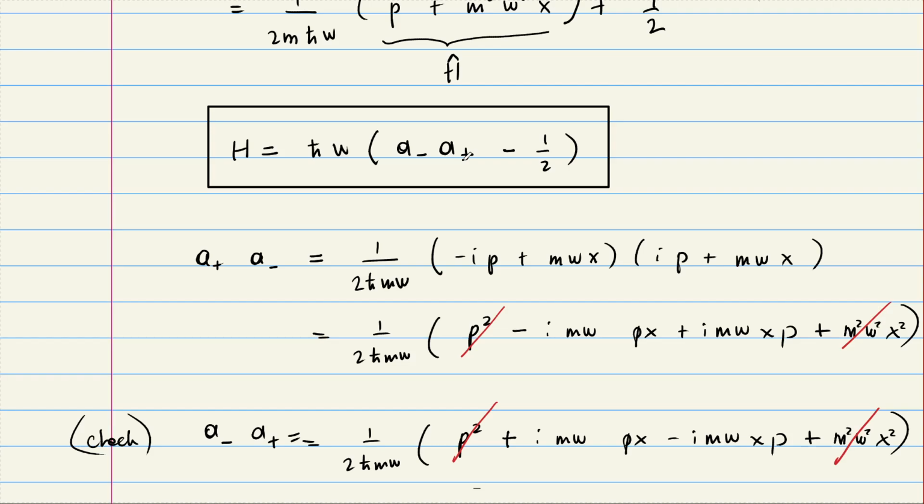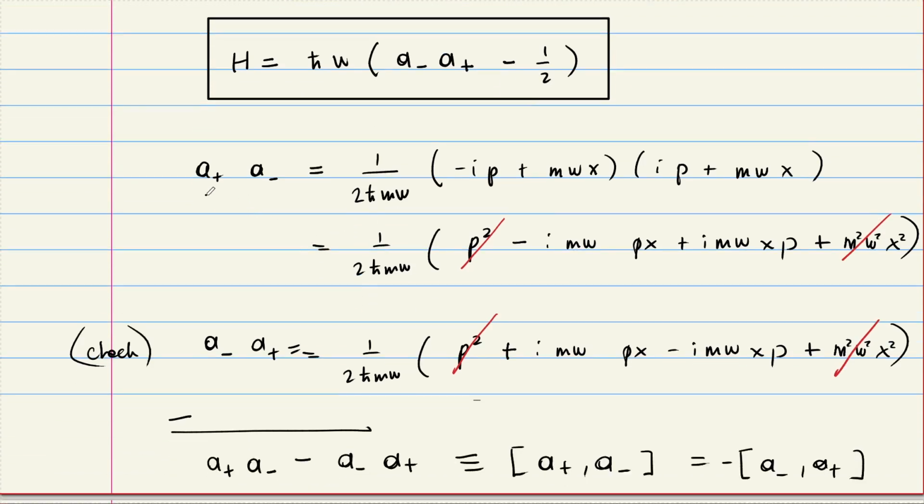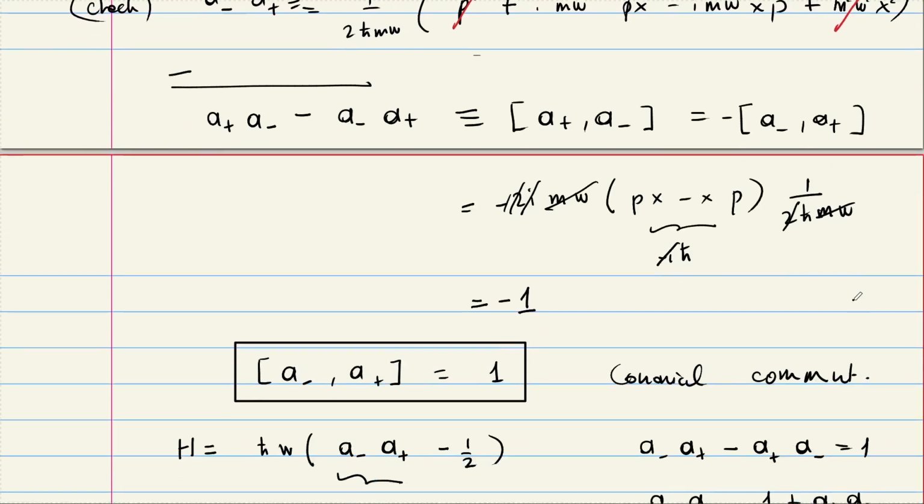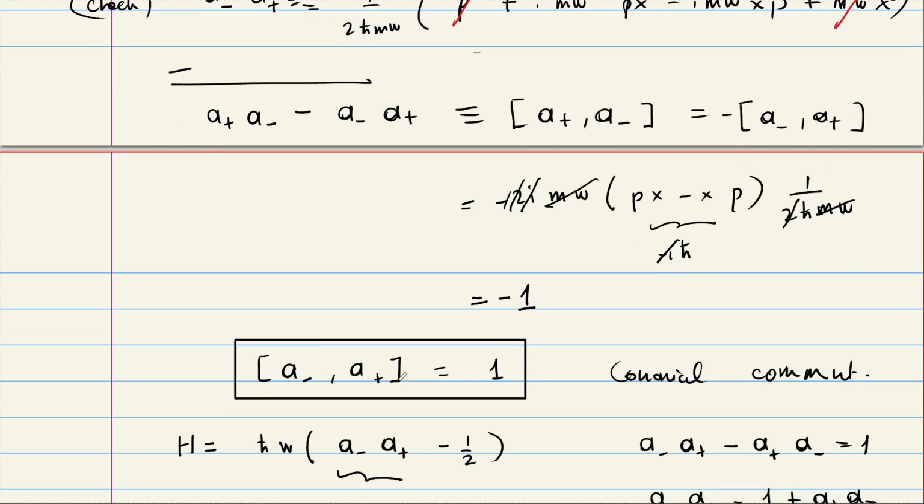If x and p order matters, if they don't commute, A minus and A plus also don't commute. Or should they commute? And here we checked that. We wrote A plus A minus, A minus A plus. We cancelled what can be cancelled. And at the end, we found the A minus A plus commutation was equal to 1. We also called this the canonical commutation relation for A minus and A plus.